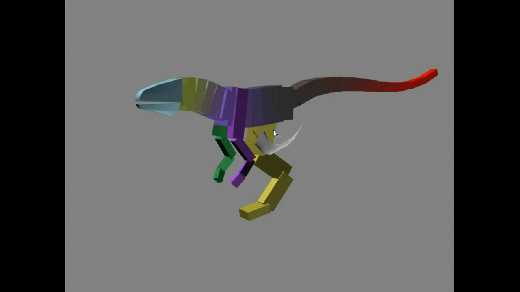Doing this, I have been able to separate it, so the mesh of the stomach is not controlled by any other bones than the one I put here.